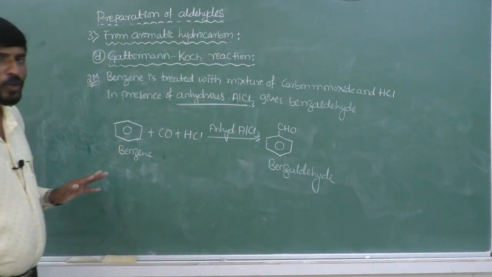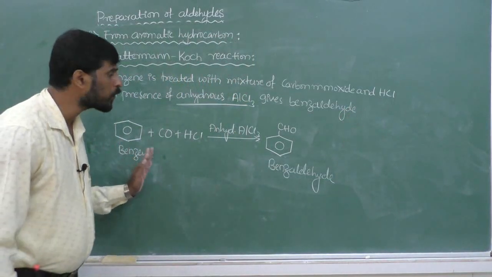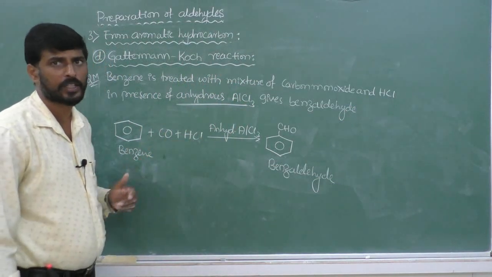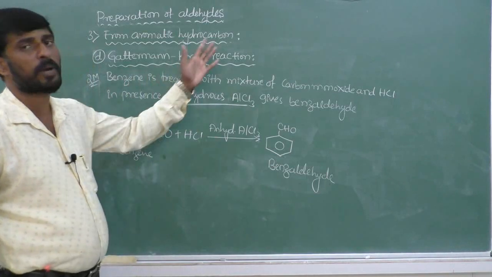Now, if you observe closely, a formyl group is introduced to the benzene ring. That is why we can also call it a formylation reaction, that is Gattermann-Koch formylation reaction.